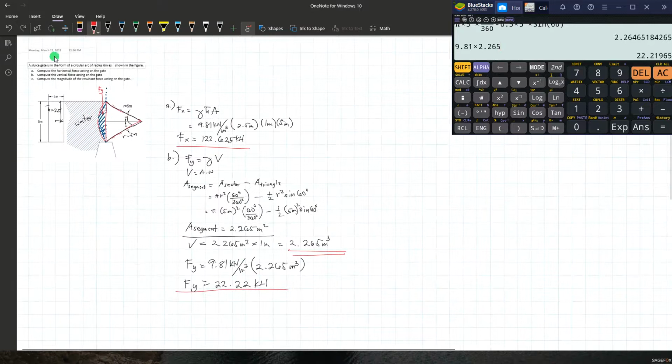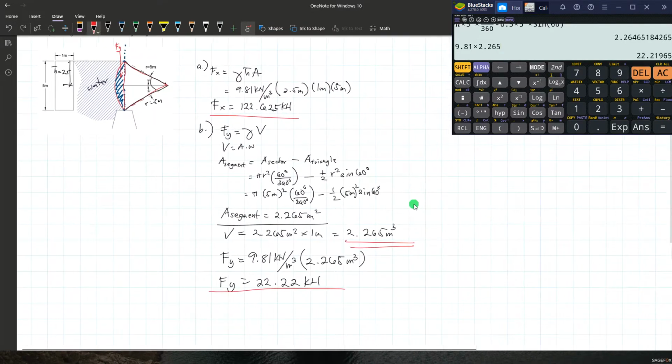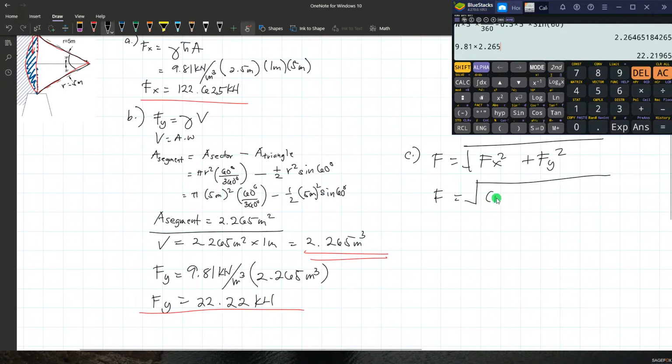So for the resultant force, we have F equals the square root of Fx squared plus Fy squared. So the square root of 122.625 kilonewtons raised to 2 plus 22.22 kilonewtons raised to 2.